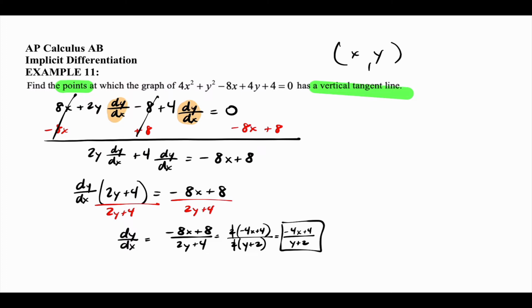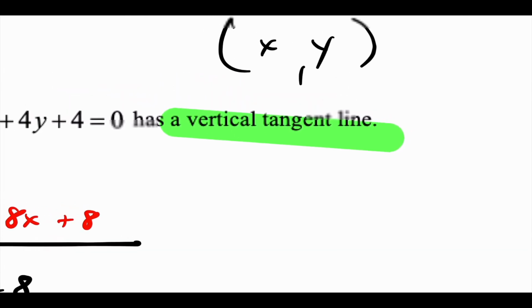What do we know about horizontal tangent lines? We've done horizontal tangent lines. They have slopes equal to 0. They're critical values, critical points. What about vertical tangent lines? How are those different?